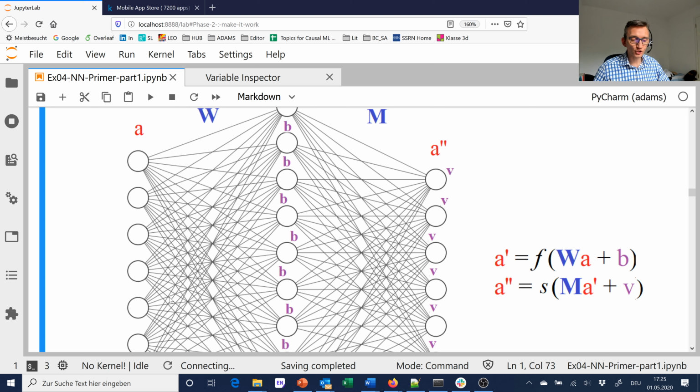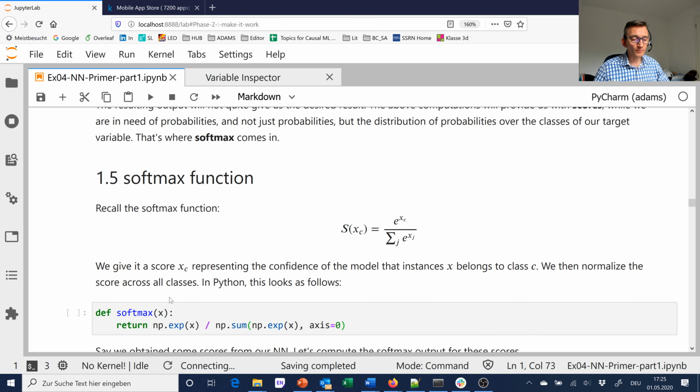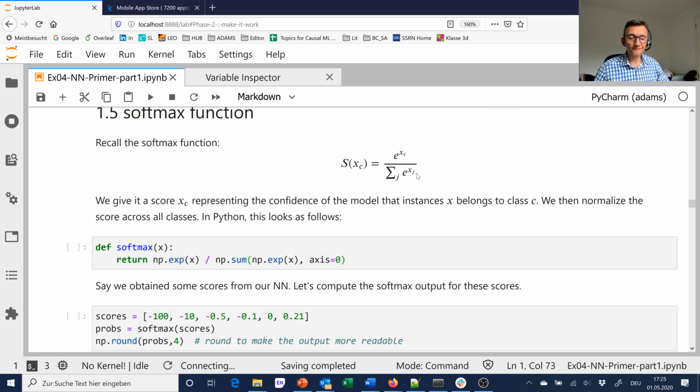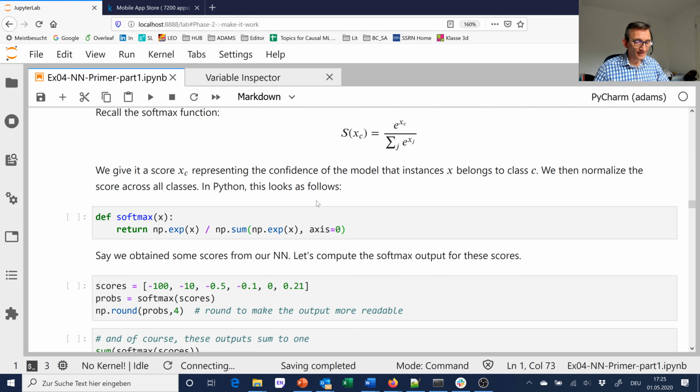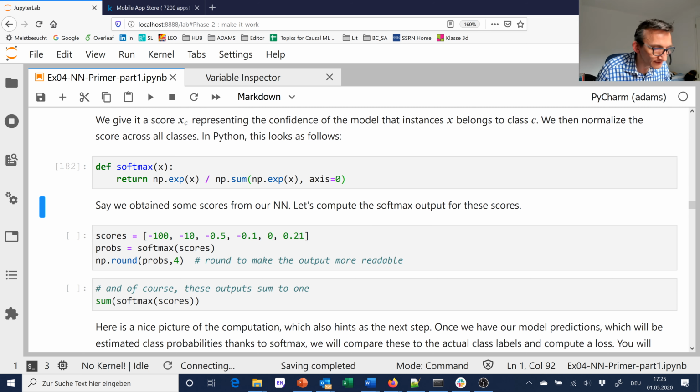But these scores are just numbers. And normally we want these numbers to represent probability estimates. And this is what softmax ensures. Once we put our scores through this softmax function, we will have probabilistic forecasts. And well, we can run through this little demo. This is why we implemented it in the first place.